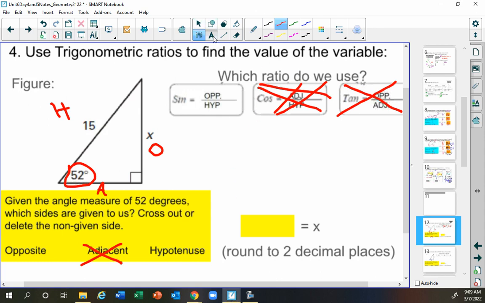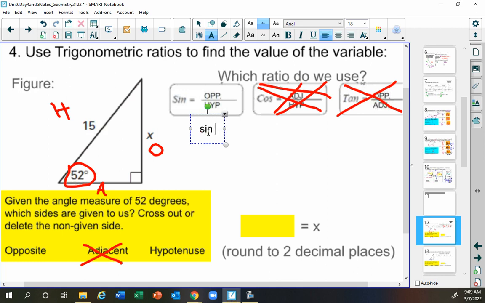So when we set up our problem, we use the sine, but what's our angle measure? What's our angle measure here, ladies and gentlemen? 52. Now, we had the opposite. What was the opposite?